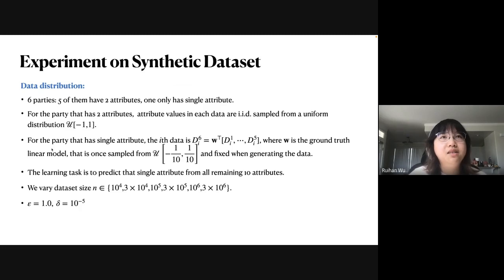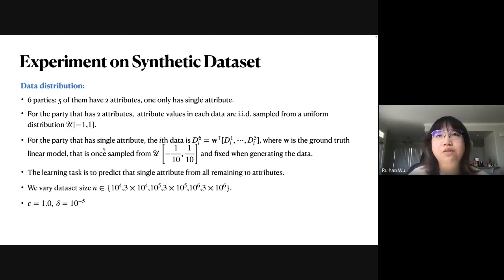And for the party that has a single attribute, which would be the label for our linear regression task, we generate it by computing the inner product between W and the feature vector. W is the ground truth in our model, and we sampled it once from this uniform distribution and fixed it when conducting the experiment.